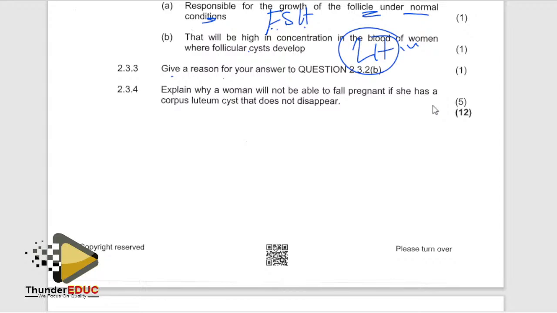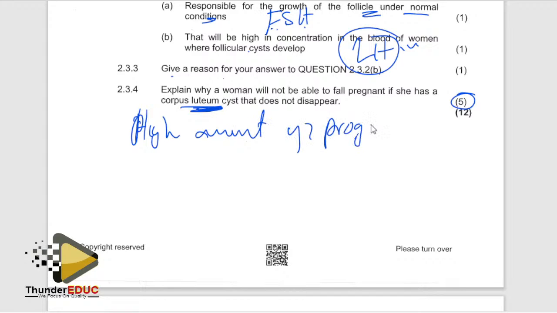So basically I told you that this is a negative feedback mechanism, or homeostatic control of progesterone. If the corpus luteum does not degenerate, it means it's going to produce a high amount of progesterone, and then the level of follicle stimulating hormone will be kept low.